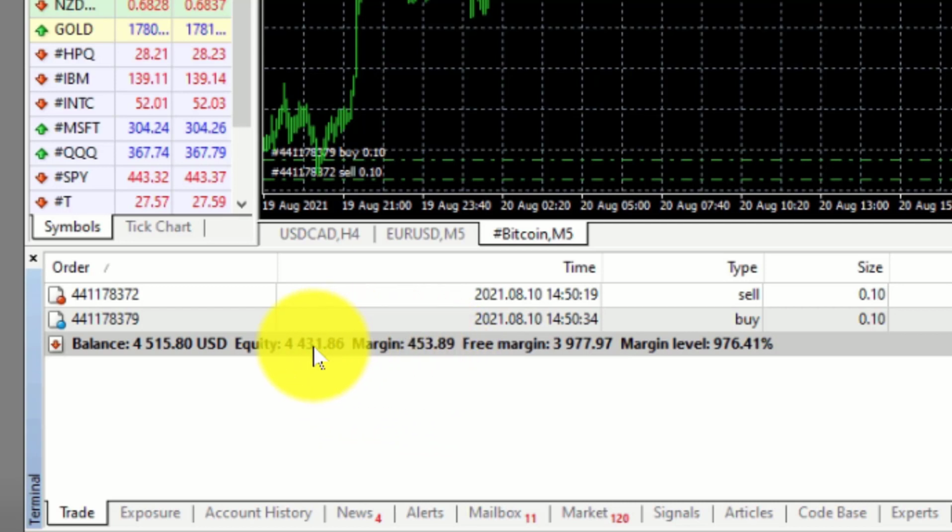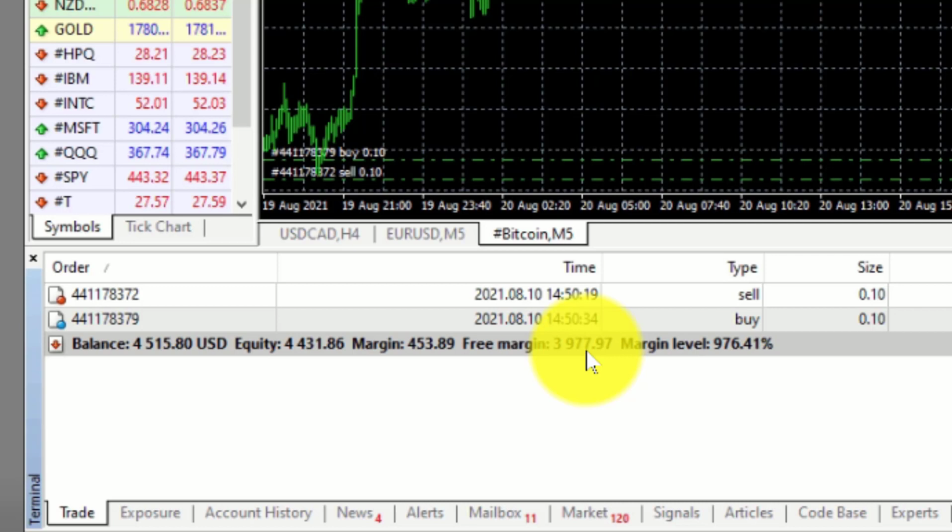And if you take the equity less the margin, you get what we call free margin. And the free margin in this case is $3,900. So that is why when margin becomes a big number, watching your balance is useless, watching your equity is useless. You need to watch your free margin, because that's going to tell you whether you're going to have a margin call or not.